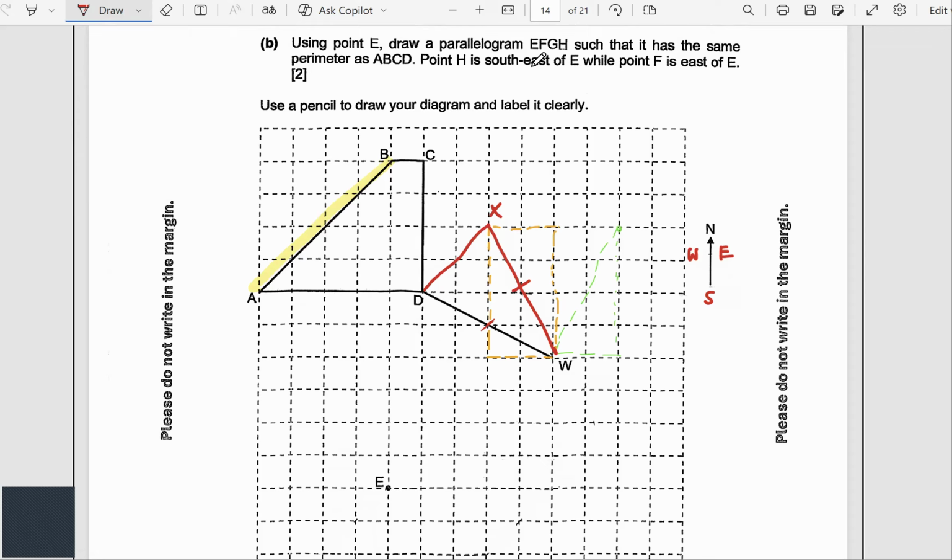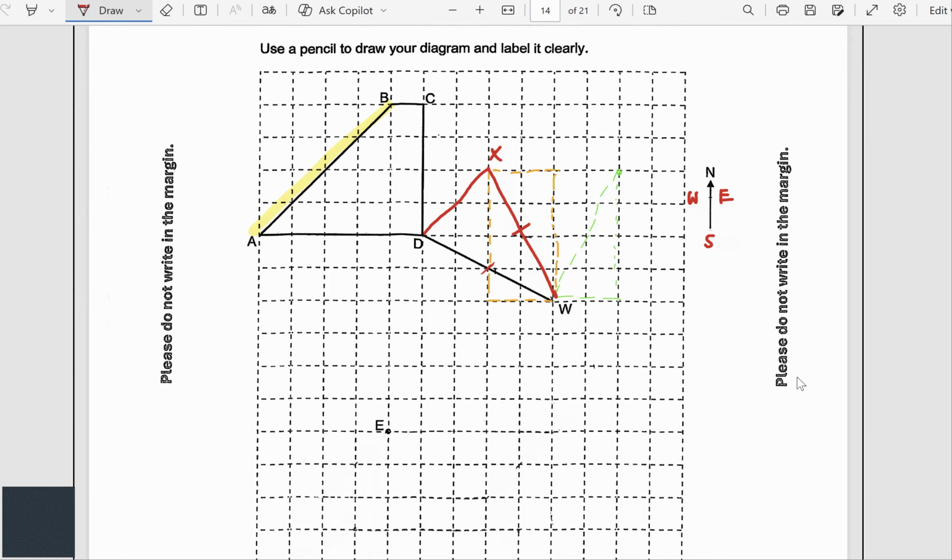Same perimeter. Okay, point E, F, G, H. So H is next to E. H is southeast of E. Southeast is this direction. So southeast, you're going to go this direction. So remember, we cut it into half, right?